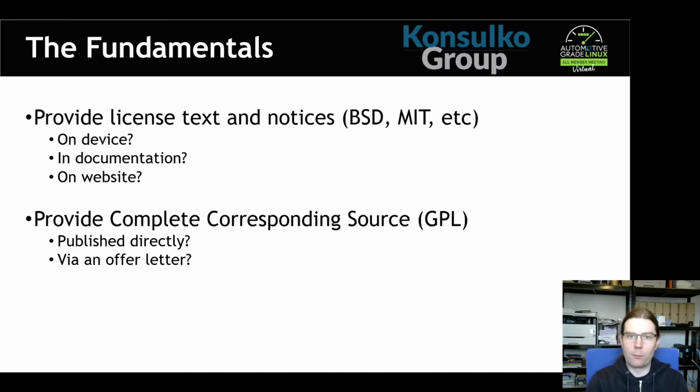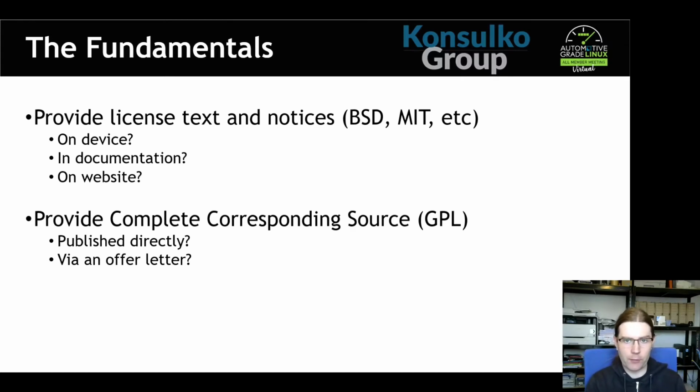When we talk about open source license compliance, the fundamentals really fall into two things that you need to do. For pretty much most open source licenses, you need to be providing a copy of the license text and any copyright notices along with the software that you're distributing. These can be provided on the device, potentially in some sort of UI or about information visible from your device.